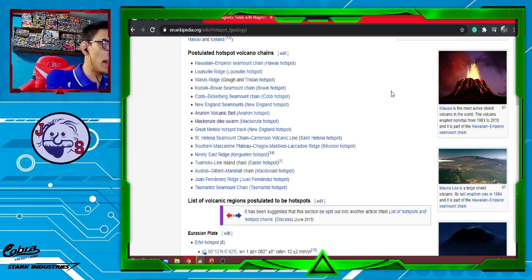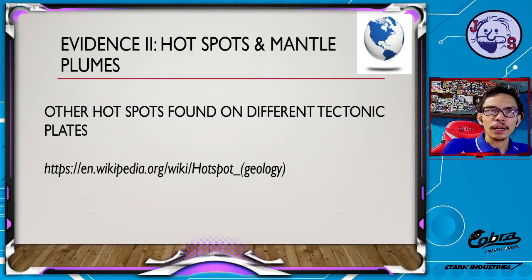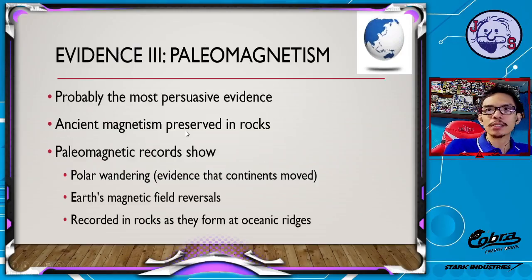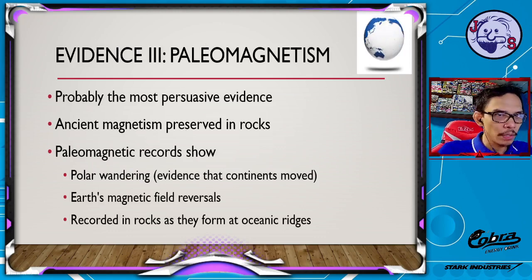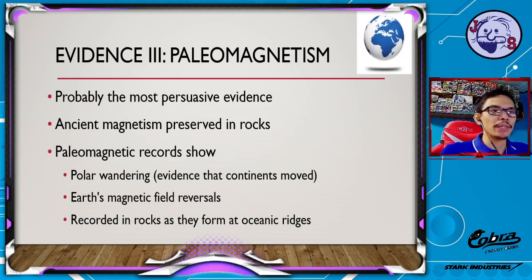Next, the third evidence is paleomagnetism. Among the 3 evidences, this is the most persuasive, meaning the most comprehensive evidence. Why?